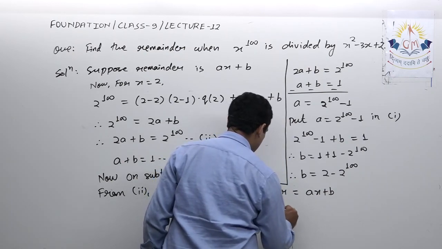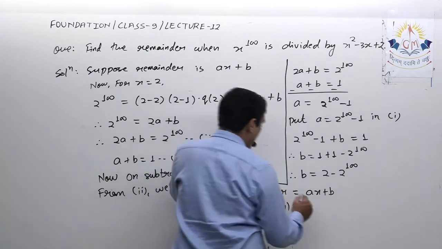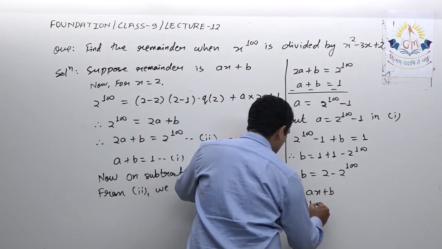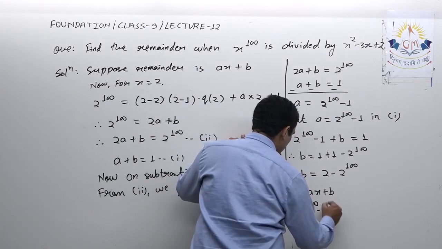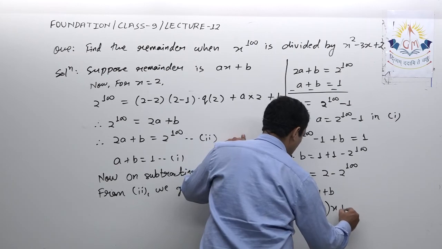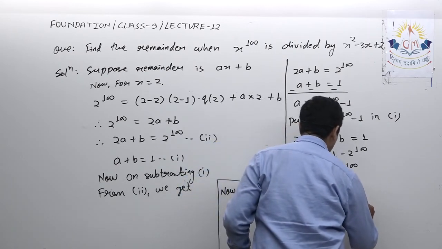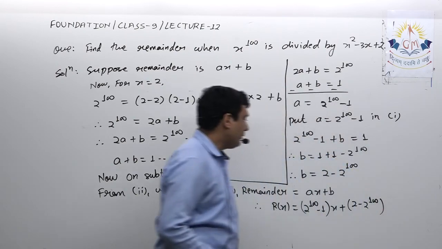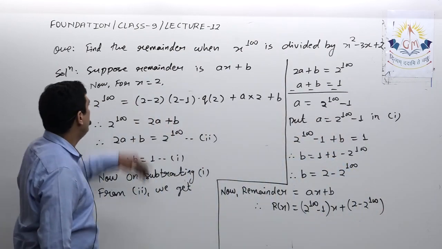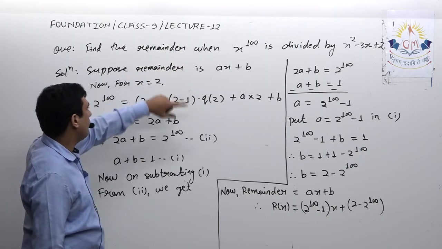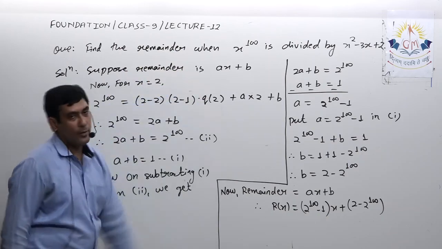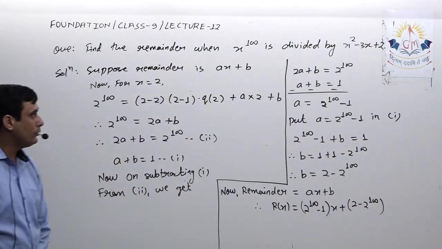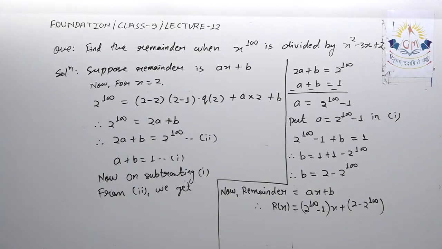Therefore r of x is equal to (2 raised to 100 minus 1) x plus (2 minus 2 raised to 100). That is my remainder when we divide x raised to 100 by x square minus 3x plus 2. So please note it down.